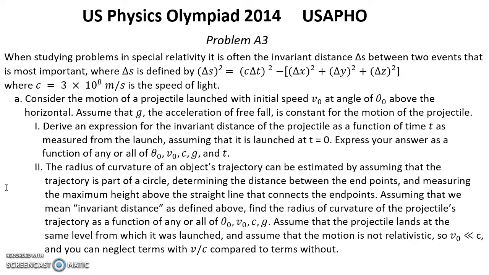Assuming that we mean invariant distance as defined above, find the radius of curvature of the projectile's trajectory as a function of any or all of theta 0, v0, c, g. Assume that the projectile lands at the same level from which it was launched, and assume that the motion is not relativistic, so v0 is much less than c, and you can neglect terms with v over c compared to terms without.